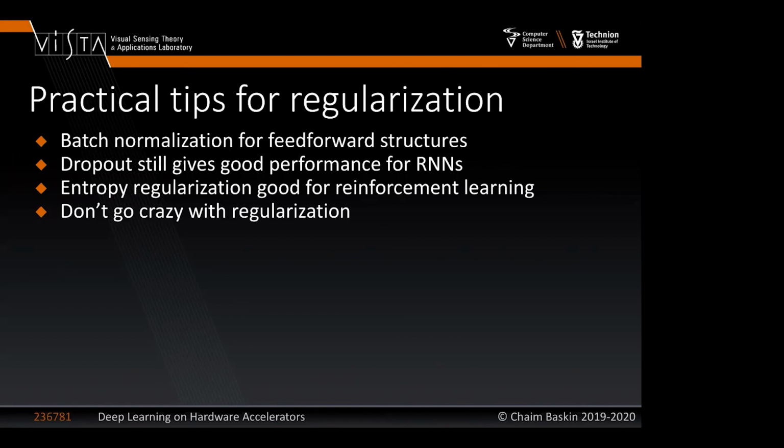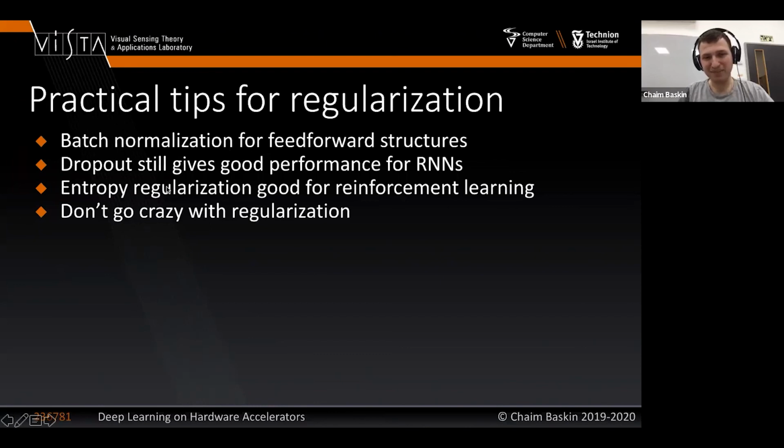Both dropout and entropy regularization are used after batch normalization only with non-CNN classification problems. So today we closed all the optimization techniques that we have for convolutional neural network classification.